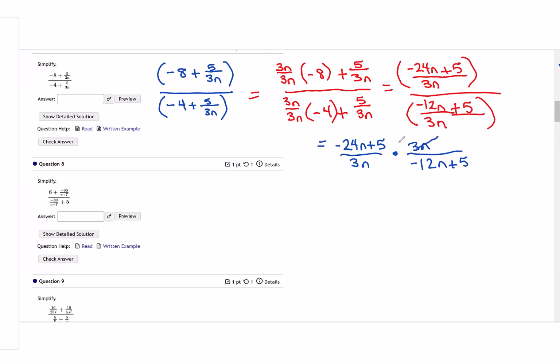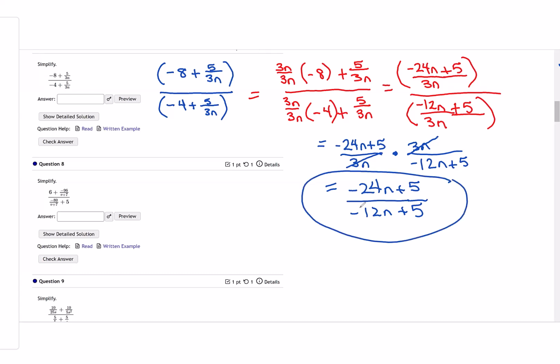I can see now that 3n is going to cancel with 3n, and my answer is going to be -24n plus 5 divided by -12n plus 5. And I cannot factor the numerator, and I can't factor the denominator. And since I can't factor either one, this is my final answer.